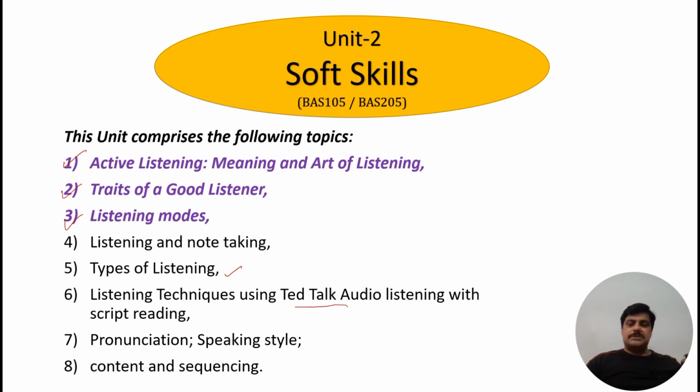So you see here in this unit there are a number of topics which are very important. These are the 3 topics: active listening, traits of a good listener, listening modes. So only these 3 topics we are going to take. So let's get started.